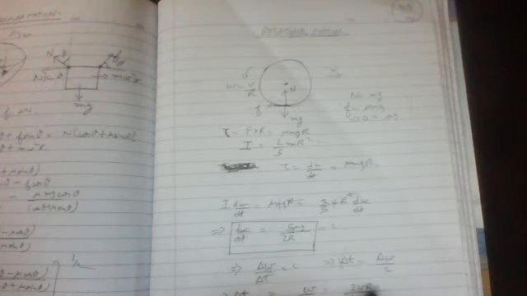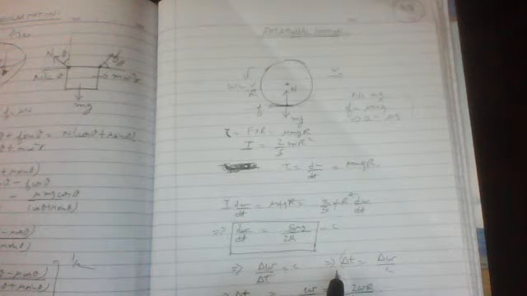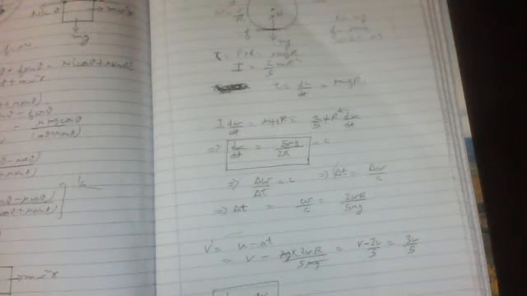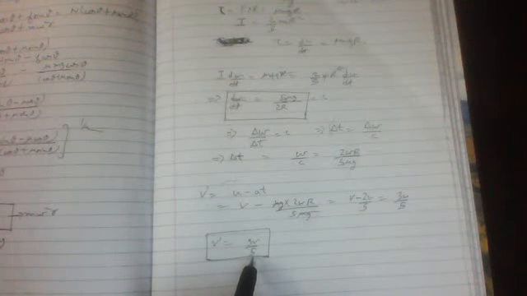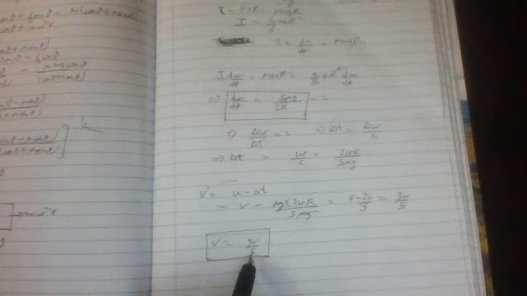And from here you can simply use the kinematic equation v equal to u minus at, substitute for u, and since you know the acceleration, you can come up with the final velocity as v dash equal to 3v by 5. So this is the velocity which the ball would have at the point where it stops rolling.